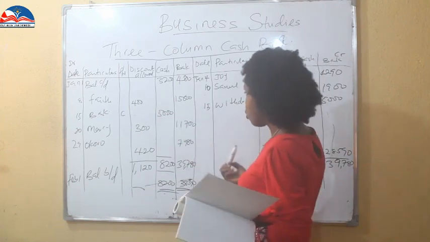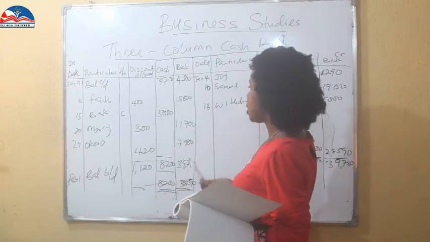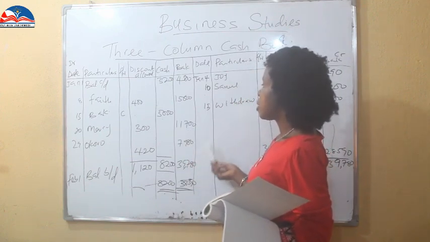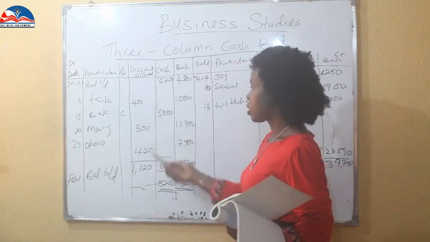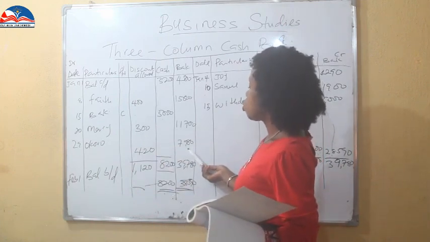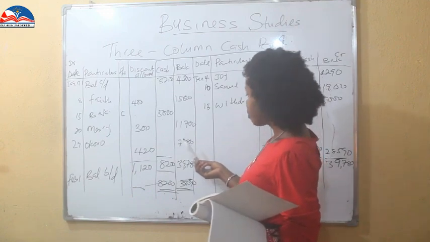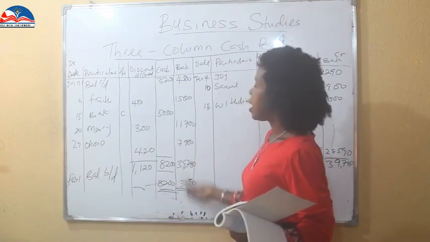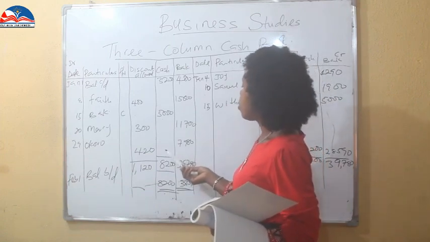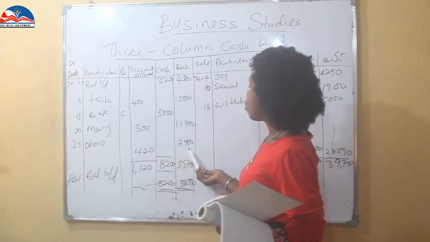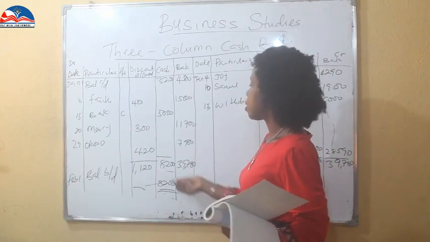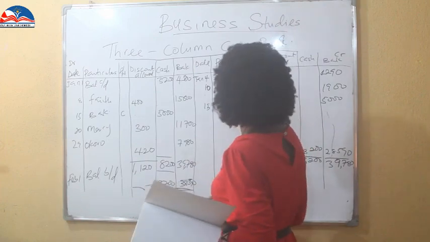Remember, discount allowed of 2.5%. Same here, Mercy paid him into his bank account. Instead of 12,000, he paid 11,700. Discount allowed of 300. Same too, Okoro paid 7,980. Instead of 8,400, he paid 7,980 because of a 5% discount, which is 420 naira.